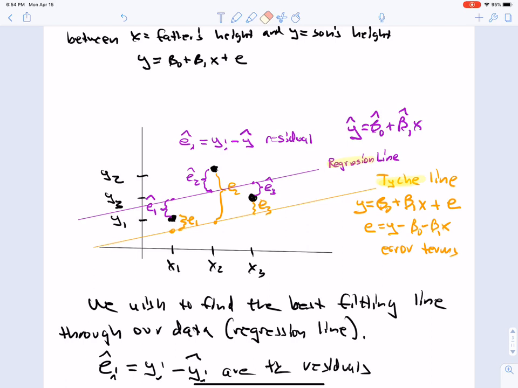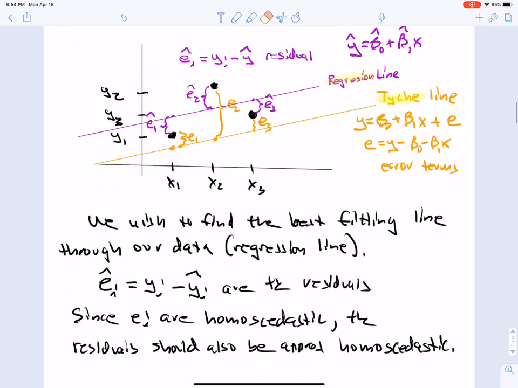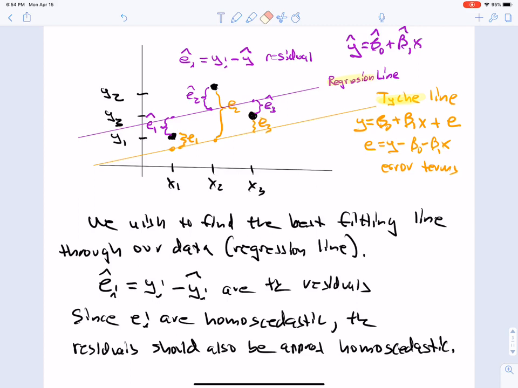The distance from our scatter plot points to the true line is e1, e2, e3 as shown in orange, and the distance to the regression line, those are called residuals, and those are in purple. So we wish to find the best fitting line through our data that minimizes the sum of squared residuals.